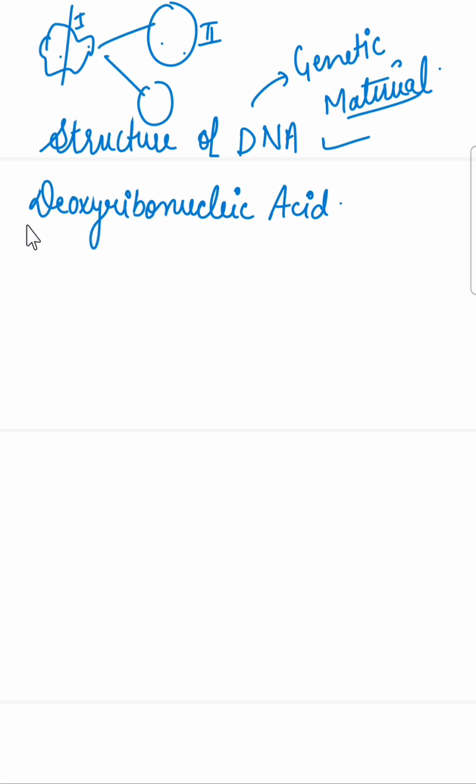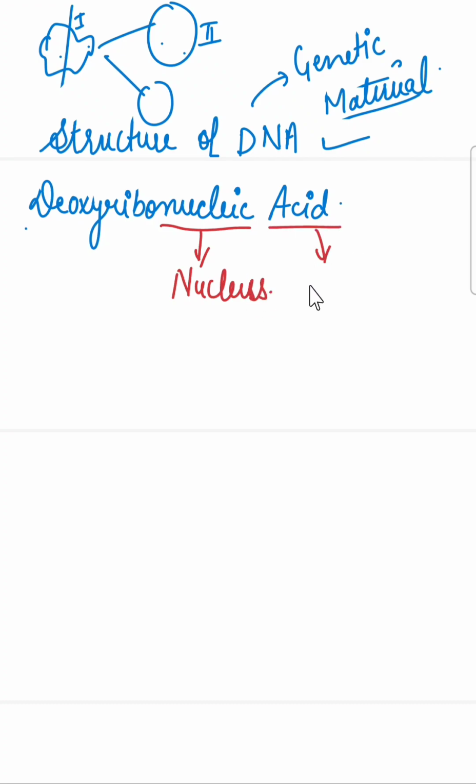See, I find the name of DNA very interesting for one reason: it gives the complete information about DNA that one must know. Like nucleic acid, that means the location is in the nucleus.